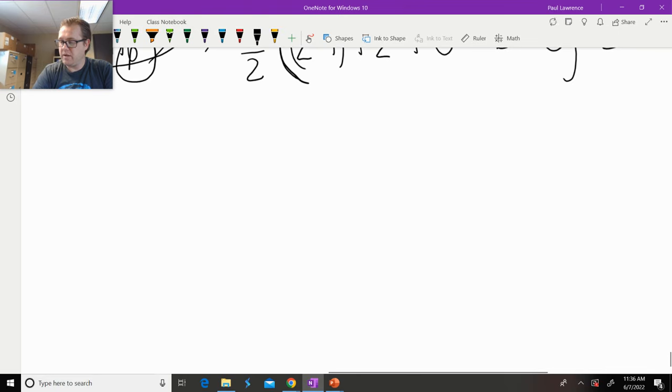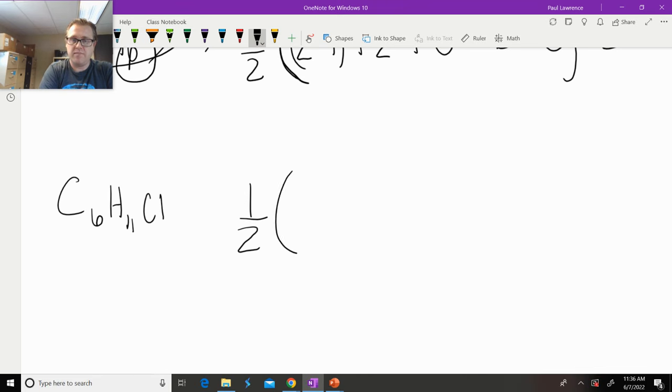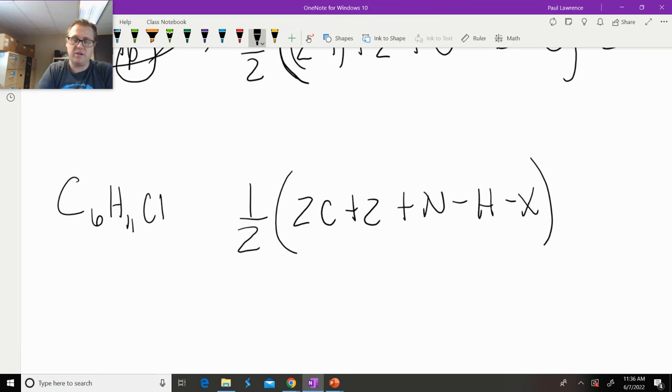So let's take a look at this one. Just use the equation again: 2 carbons plus 2 plus a nitrogen minus a hydrogen minus a halogen. Well, 2 times 6 plus 2 plus 0 nitrogens minus 11 hydrogens minus 1 halogen.